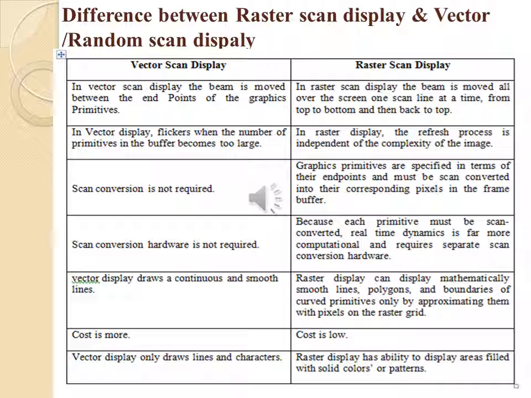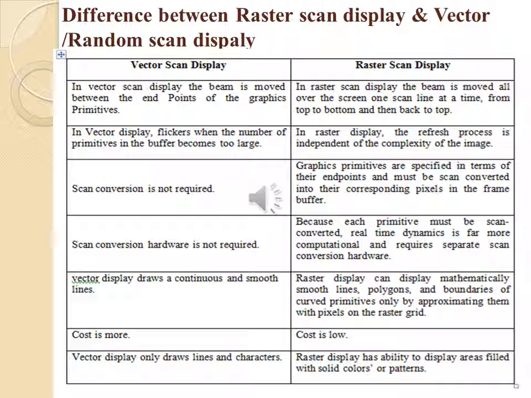The third difference: in vector display, scan conversion is not required. In raster scan display, the graphics primitives are specified in terms of their endpoints and must be scan converted into their corresponding pixels in the frame buffer.